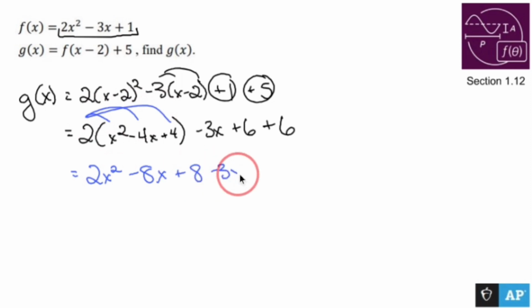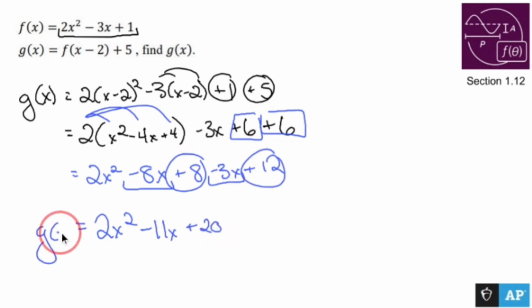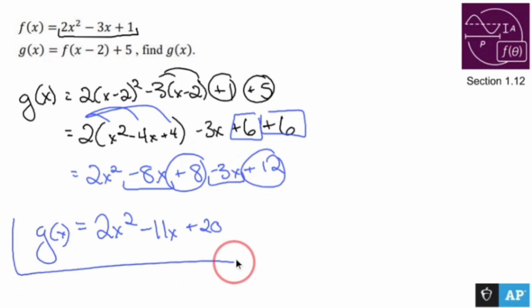Minus 3x drops down. These guys can combine to make 12. And then you are alone, 2x squared. Negative 8x and negative 3x make negative 11x. And 8 plus 12 makes 20. So that's what g of x is. Isn't that nice? Sure is. It sure is nice. Answered it for you.